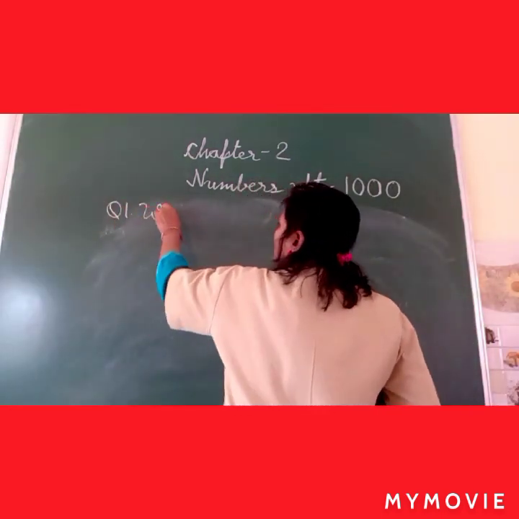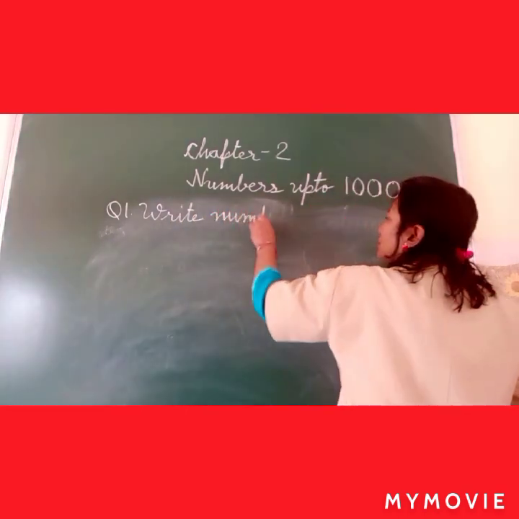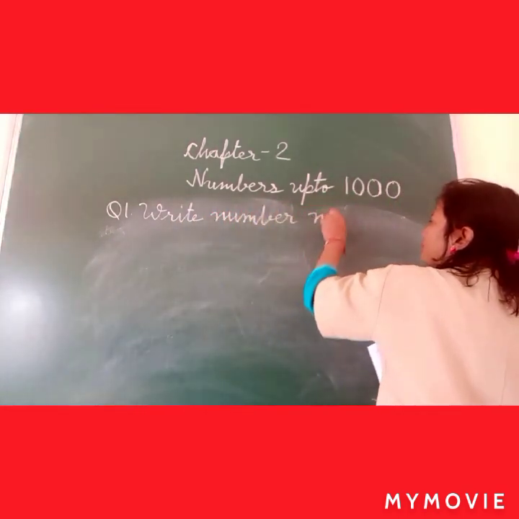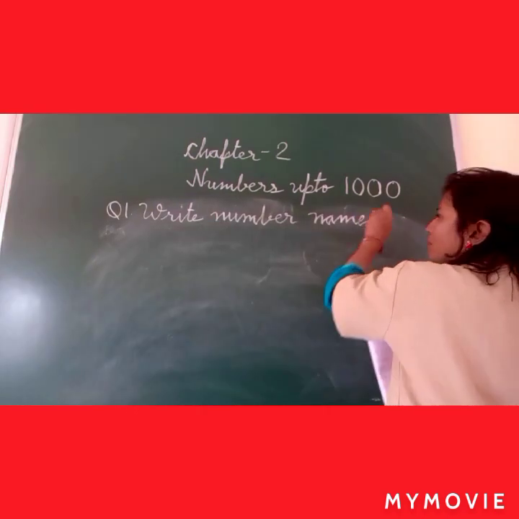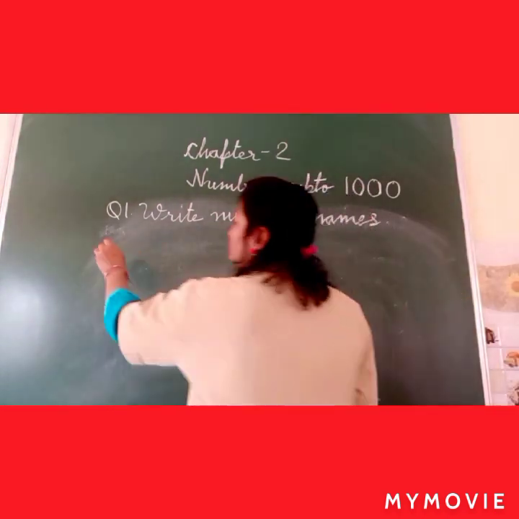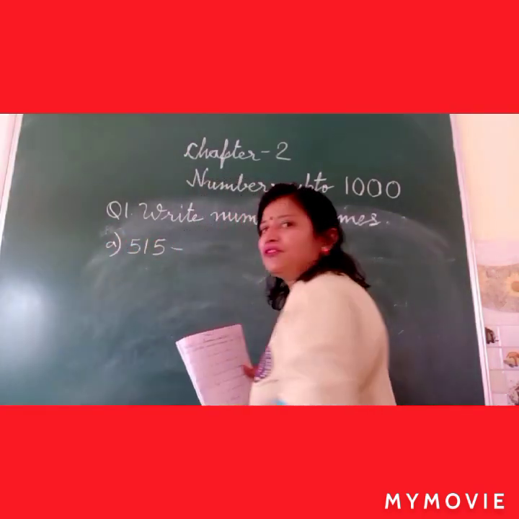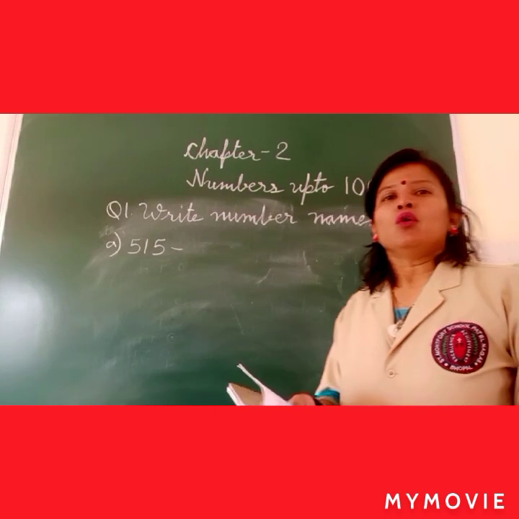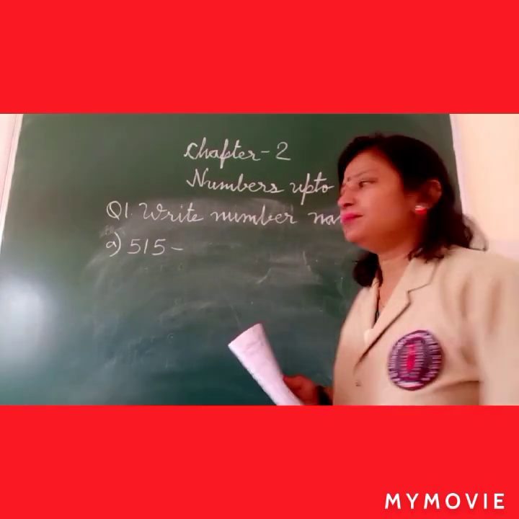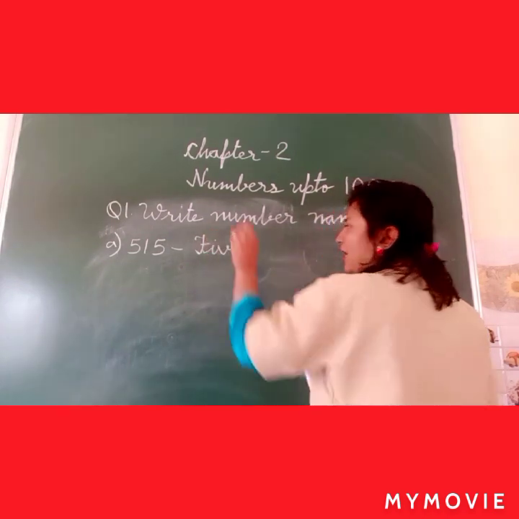Write number names. First number is 515. So what is the spelling of 5? F-I-V-E, 5.